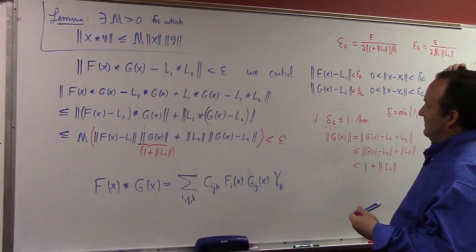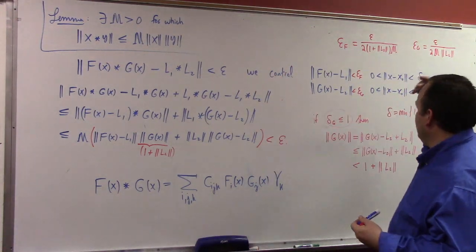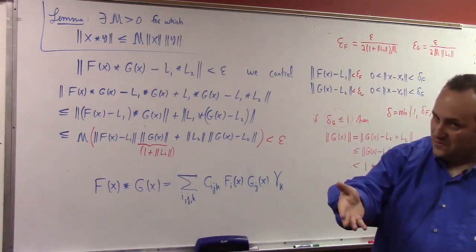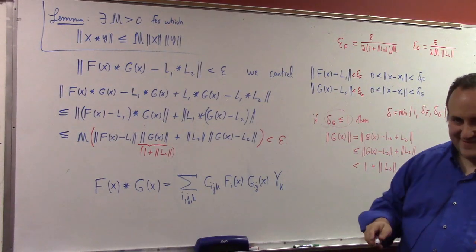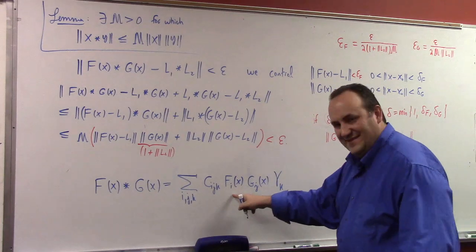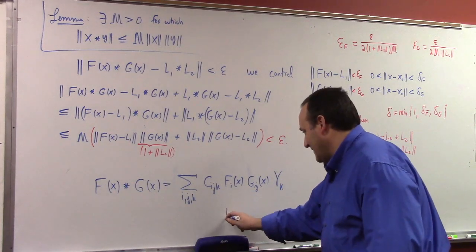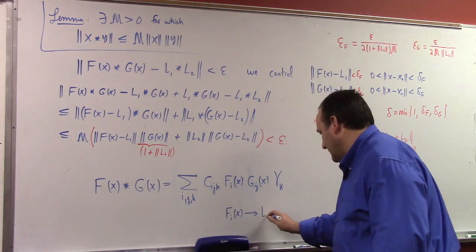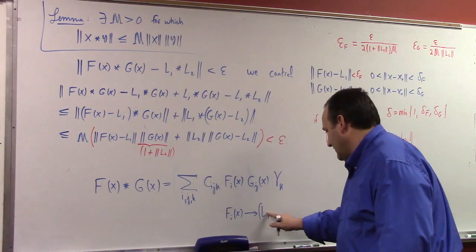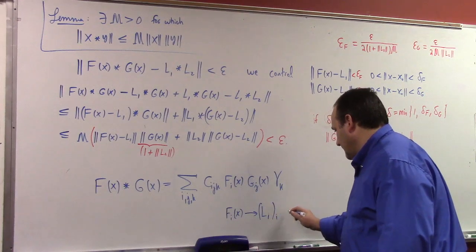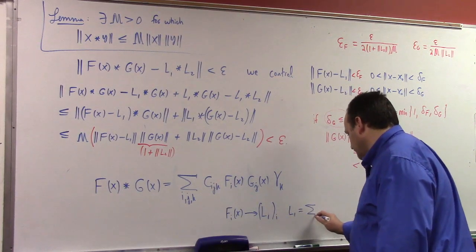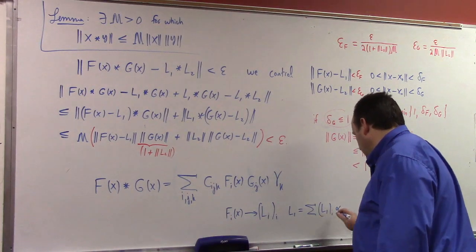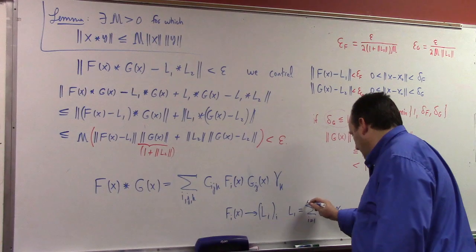If I assume that the limit of f of x is L1, and if I assume the limit of g of x is L2, by the vector limit theorem we proved last time, that means that f sub i of x must map to L1 sub i, where I'm assuming that L1 is the sum over i equals 1 to M1 of L1 sub i alpha i.